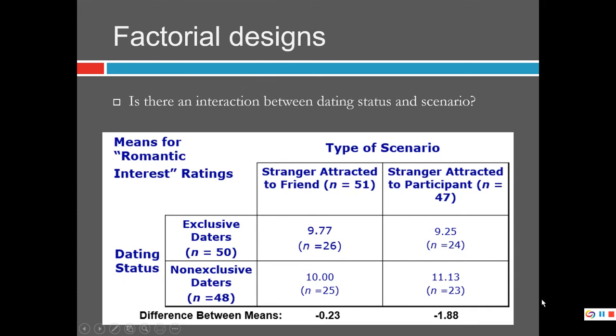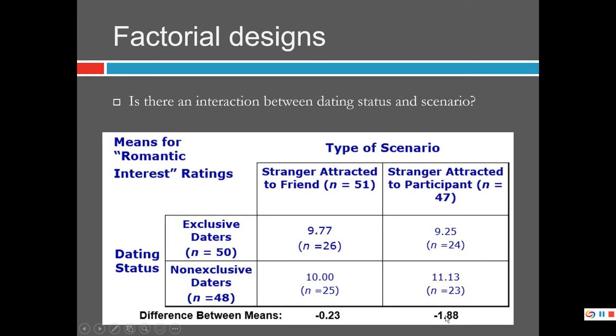It doesn't really matter which way you do it; it tells you something about those variables having different effects on one another. In this case, the difference between this cell, 9.77, and this cell, 10, shows us a difference of 0.23, and the difference here from 9.25 to 11.13 is almost 2. So this indicates to us that there's something beyond those main effects going on.